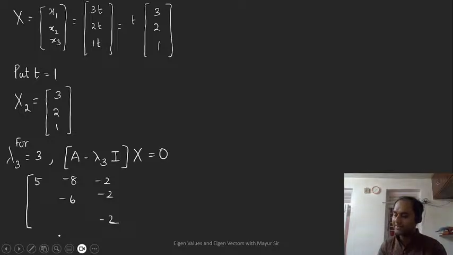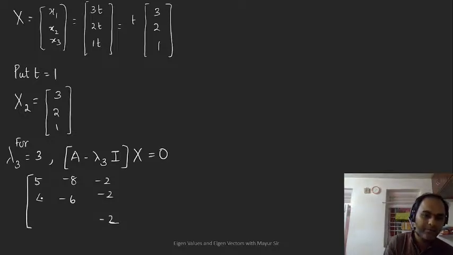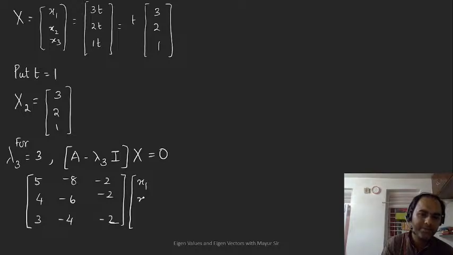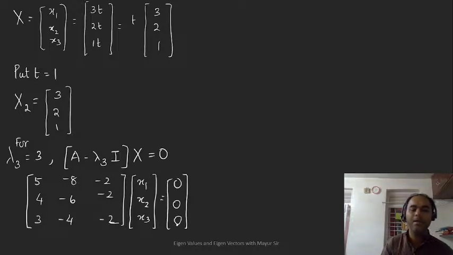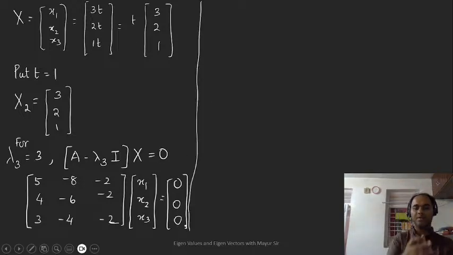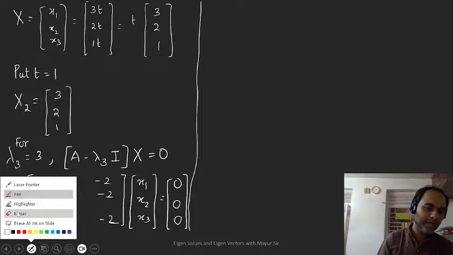Now when you have these values over here, you have 4, 3, minus 4, and then x1, x2, x3. So 0, 0, 0. This is what you have, and again choose these first two rows for Kramer's rule.